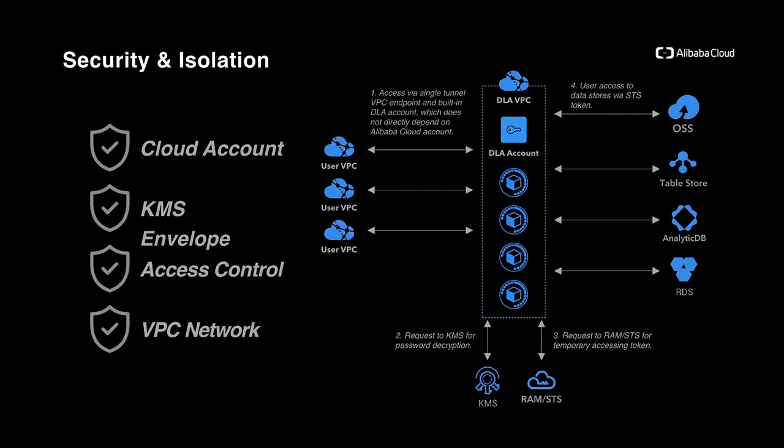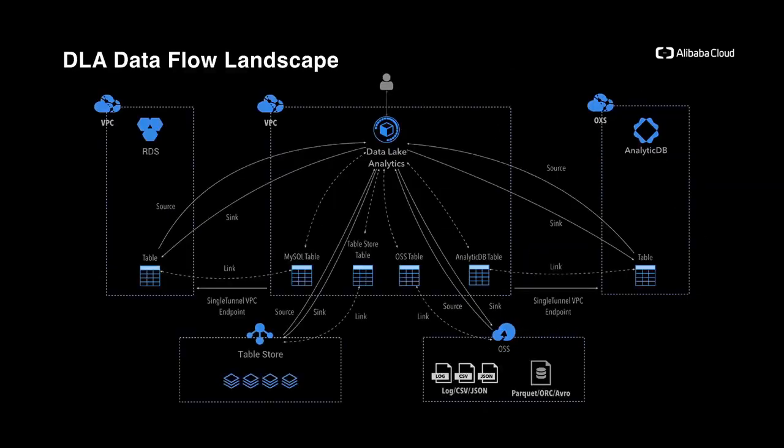While accessing external data sources, DLA calls RAM STS to assume an ARN role with a temporary security token. By the way, RAM is Resource Access Management, and STS is the Security Token Service on Alibaba Cloud. All DLA computation nodes run within a VPC network to make sure of network isolation.